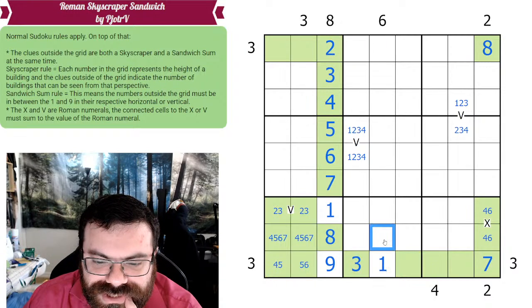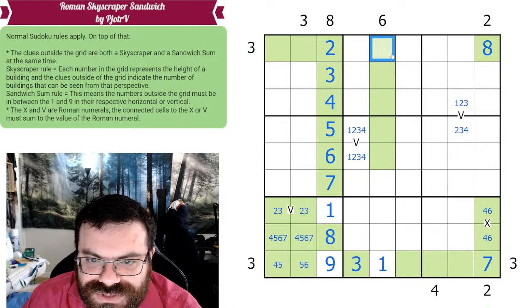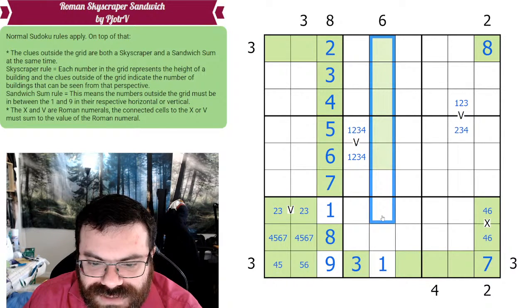Maybe the 6. Oh, here we go. So 6 could be two digits. So none of these can be 1 or 9. This sees 6 though, and the 1's already gone. And this can't be a 2. So if this were a 3, 4, 5, 6, 7, 8, 9. That would be 1, 2, 3, 4, 5, 6, 7. So the 9's gonna have to go.